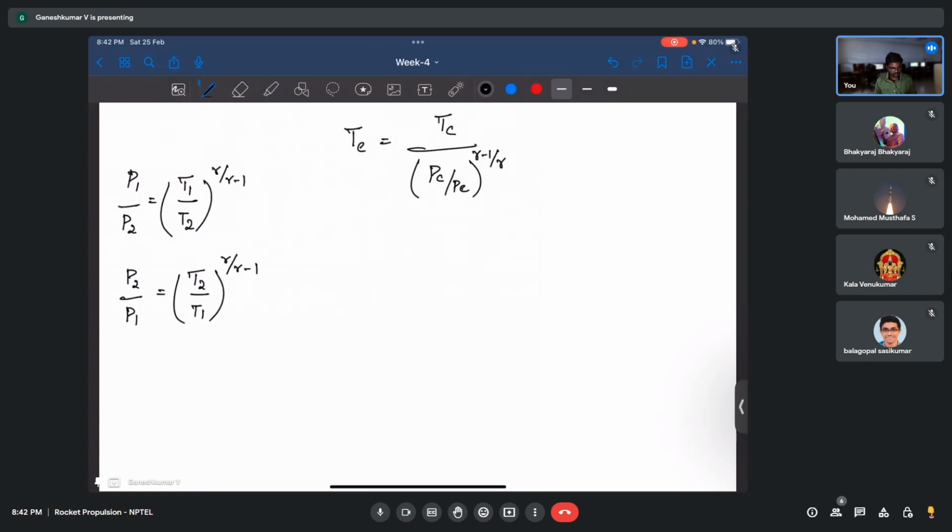Any ratio can be written like this, either 1 to 2 or 2 to 1. If it matches, it should be gamma minus 1 by gamma. If it doesn't match, it's going to be gamma by gamma minus 1. That's all, just add the exponent.